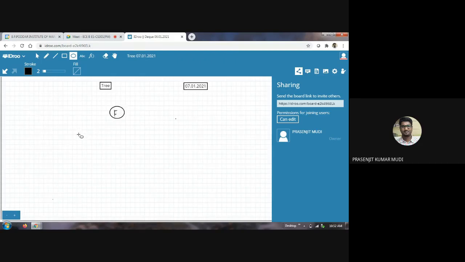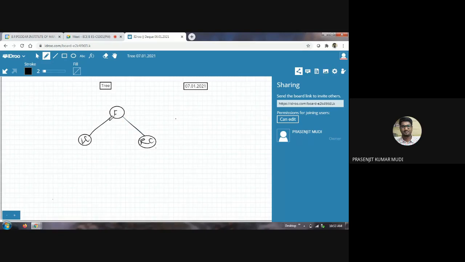This family may have two children like this, one male child, and we can call them LC and RC. Let's say the children are labeled as LC and RC. These two are the children of F, so we connect them like this.